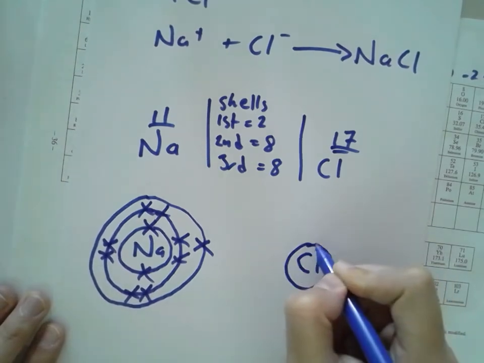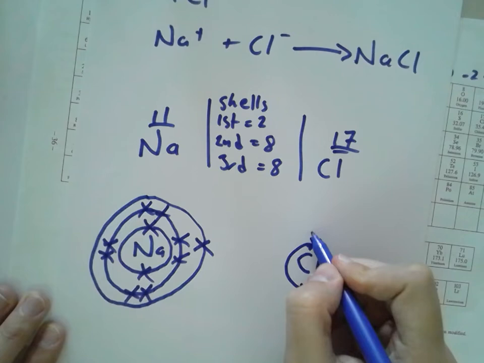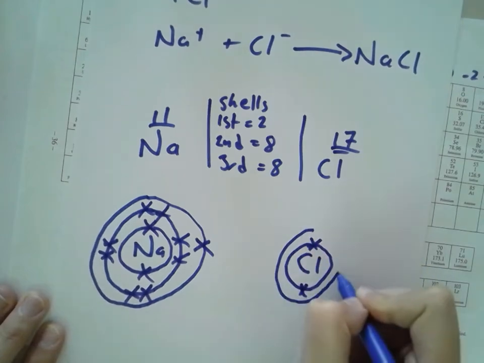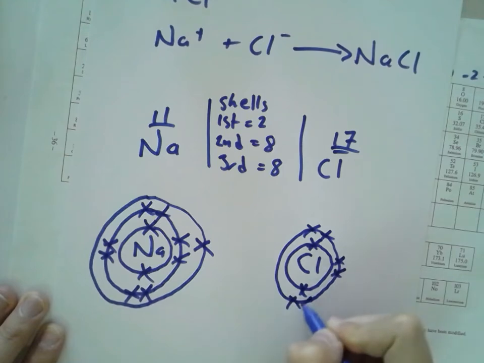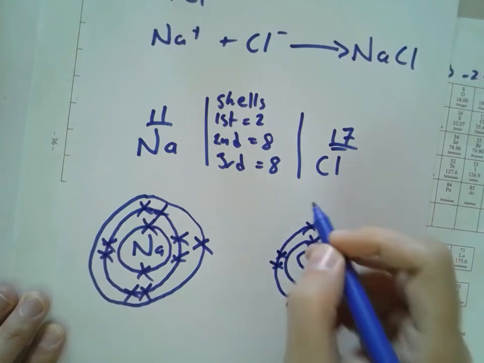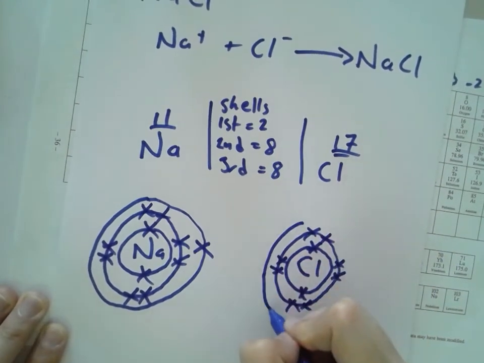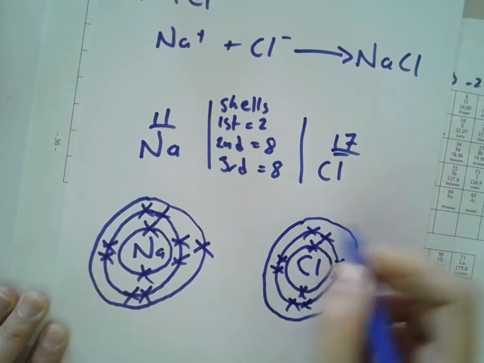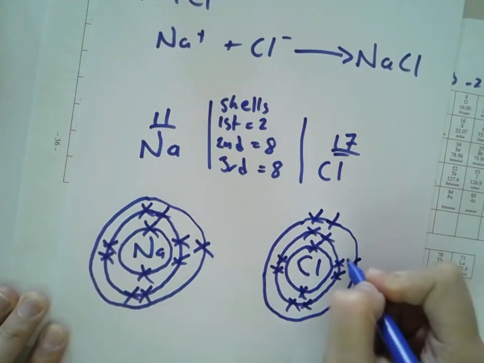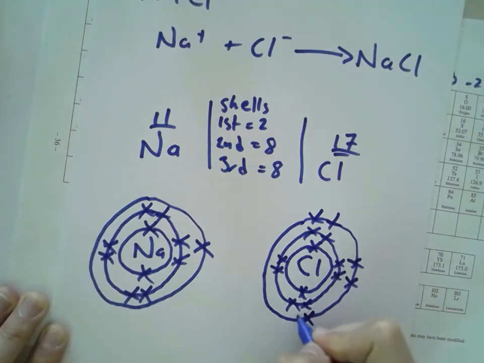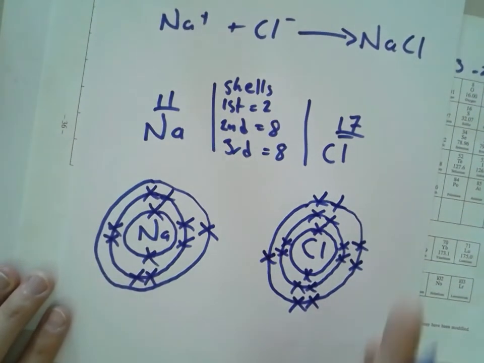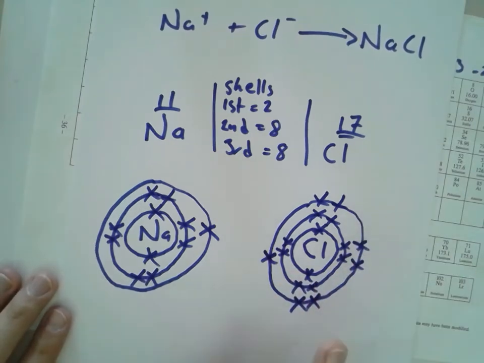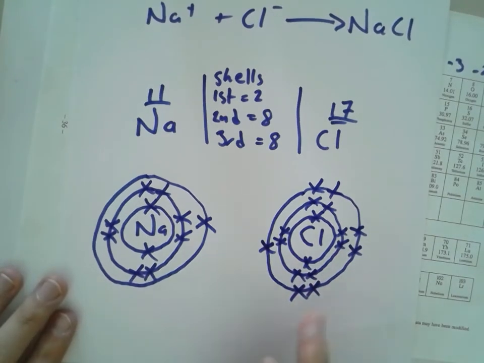So you have 1, 2, 3, 4, 5, 6, 7, 8, 9, 10, 11, 12, 13, 14, 15, 16, 17. Now I've drawn the electron shell structure of chlorine and sodium.